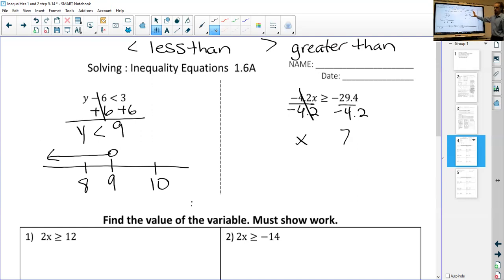Okay, but here's where, and some of you are like, wait, this is ringing some bells. I've done this before. If you multiply or divide by a negative number, let me write this down.